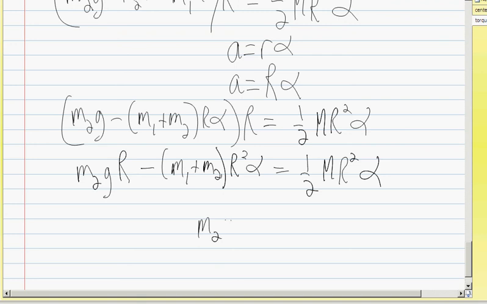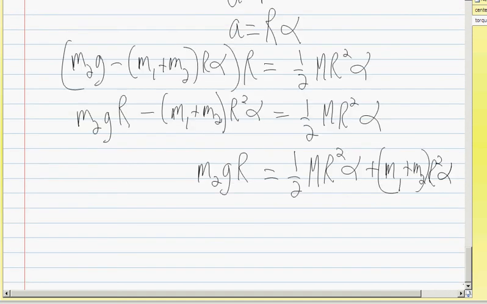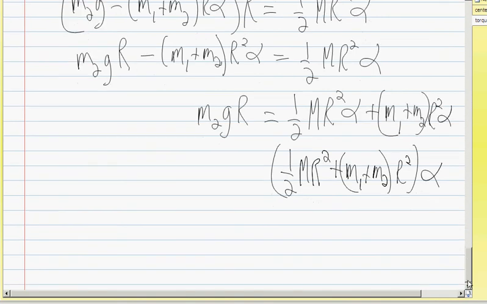So we're going to have M2GR equals 1/2 big M R squared alpha plus M1 plus M2 R squared alpha. So this will be 1/2 MR squared plus M1 plus M2 R squared, all times alpha.